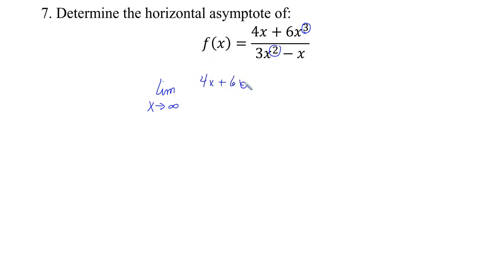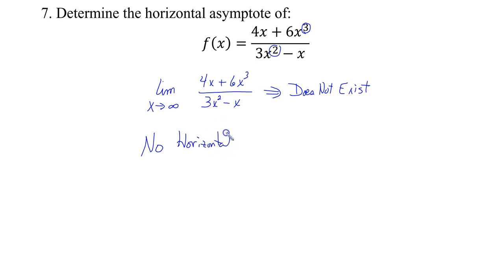If I were to ask you to find this limit, hopefully you remember from earlier in the semester that this limit, yes, you've got it right, does not exist. And so we say then that there is no horizontal asymptote, right?